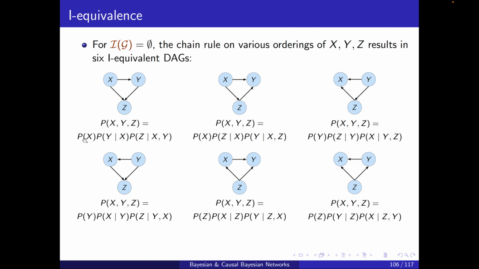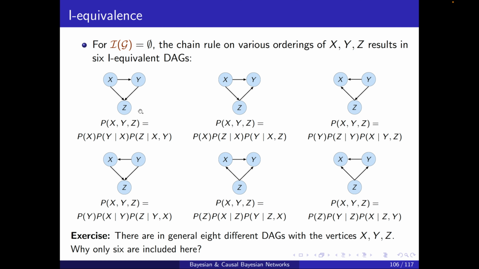So here, for example, P of x times P of y conditioned on x is basically P of x and y, and then multiplied by this, we will get back to the original distribution. And the same with all other ones. So here we see that although we have V structures that are different in these six graphs, still they are equivalent. So what is going on?